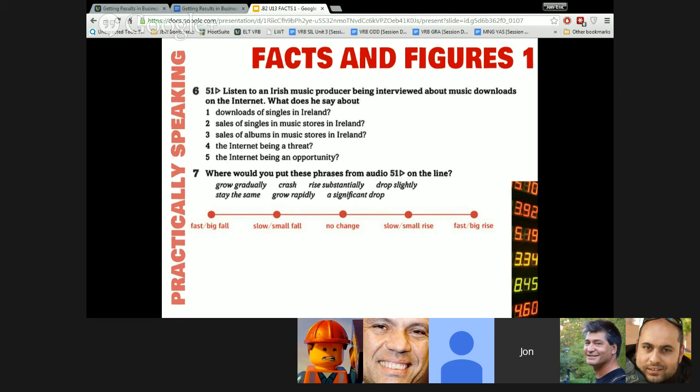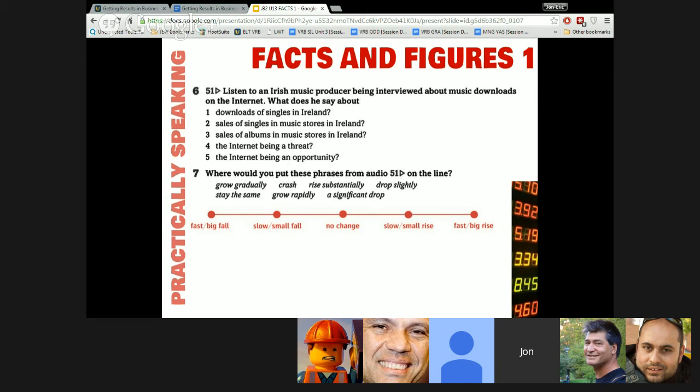The big fall first, and then the big rise last. So the big fall, crash, significant drop. Small fall, drop slightly. No change, stay the same. Small rise, grow gradually. Big rise, grow rapidly, or rise substantially.